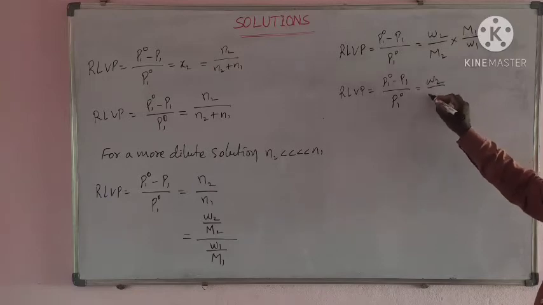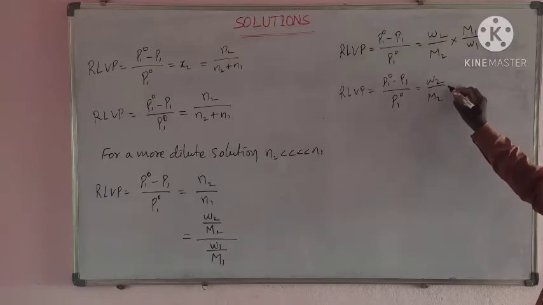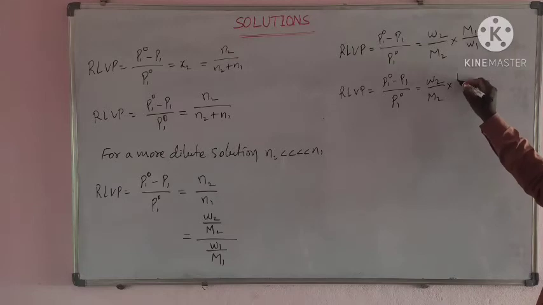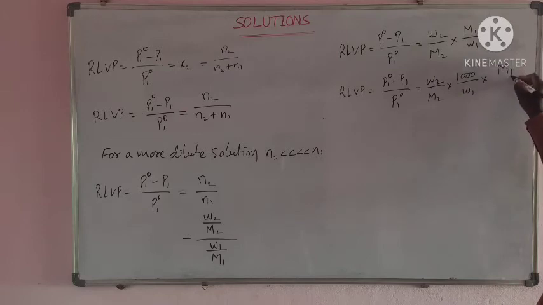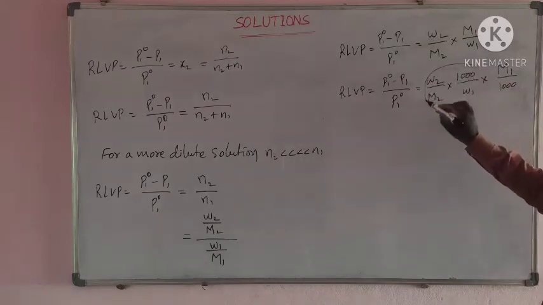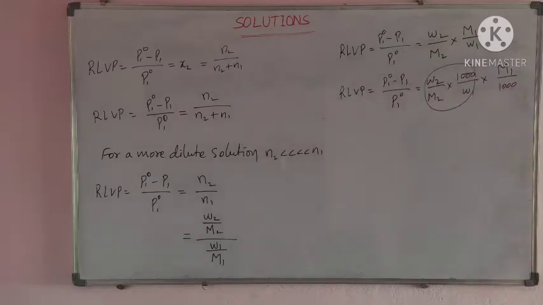Here RLVP is equals P1 naught minus P1 by P1 naught, that is equals W2 by M2 into 1000 by W1 into M1 by 1000. This is taken as a molality. What is molality? The number of moles of solute dissolved in 1 kg of solvent is called molality.